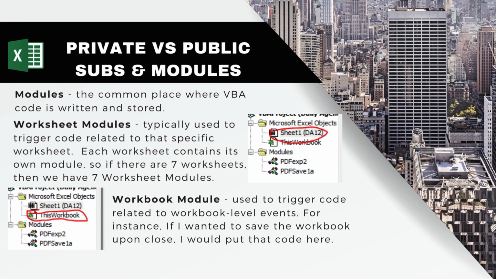You can see in the example there is a Sheet1 and there is this workbook module. Then we go down to the following discussion where there is a workbook module, which is used to trigger code related to the workbook level. For instance, if I wanted to save the workbook upon close, I would put that code there.